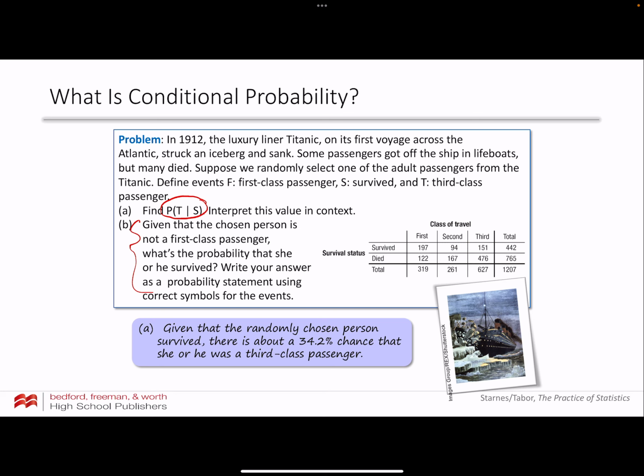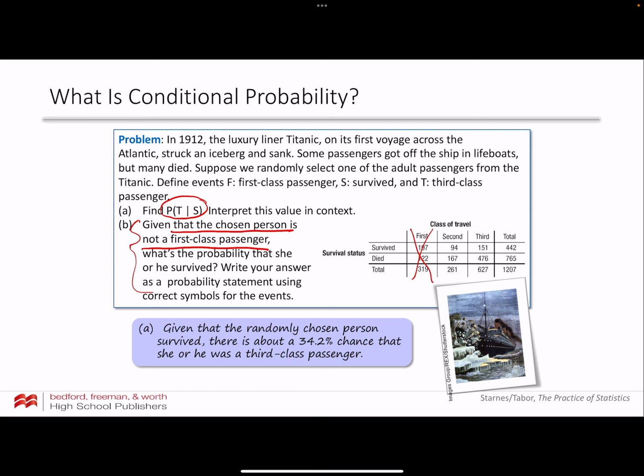So part B: given that the chosen passenger is not a first-class passenger, what's the probability that he or she survived? You have to think about what's the given part. What's the part that we assume already happened? We're assuming that the person is not a first-class passenger. So it's kind of like I'm ignoring these people, right?